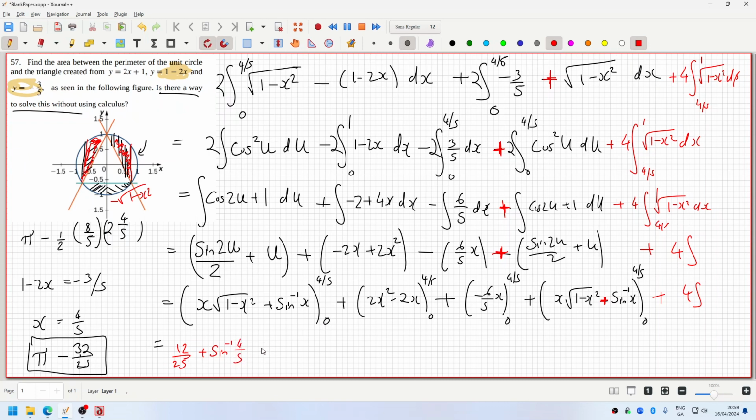That's a 0 and a 0 plus minus 8/25, 0, and then 24/25 plus 4/5 (12/25) plus sine inverse 4/5, and then the 0 and the 0, and then the 4 times integration.